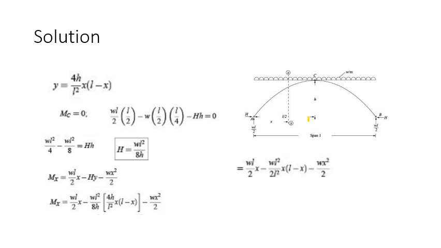If you simplify further, everything gets cancelled out, plus minus, so the moment we get is 0. So this is the proof. If the three-hinged arch is carrying only the UDL, then the moment at any point is equal to 0.